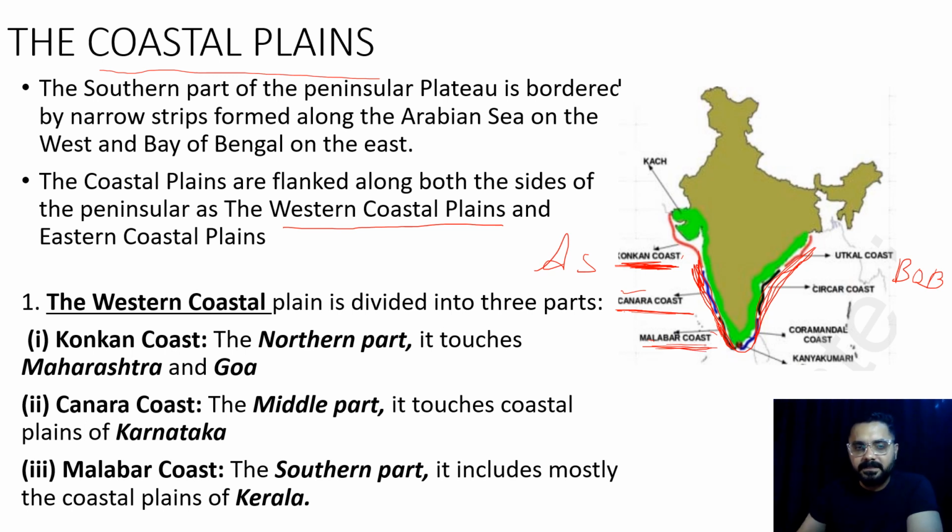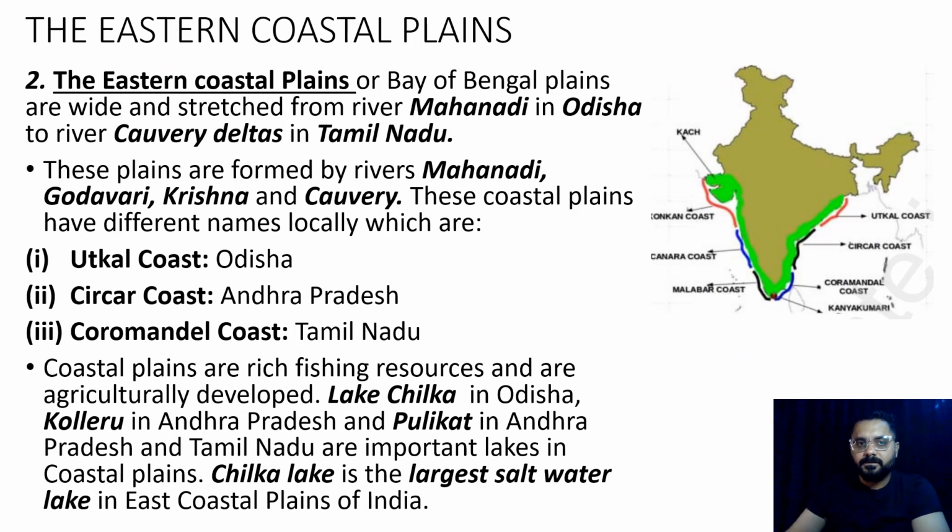Now let us look at the eastern coastal plain. Just the way the western coastal plain is flanked by the ocean, the eastern coastal plain is also flanked by an ocean at its side. So on the east side, we have this eastern coastal plain. Let me draw it on the map and show it to you.